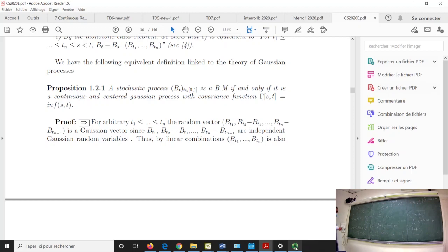So my job now, once I have defined the Brownian motion in a good way, will be to study the properties of the Brownian motion. In fact, I will never come back to this definition. Here it was just to show you that it exists and the way I can build it using Hilbert space theory. But you can find in the lecture notes a proposition.